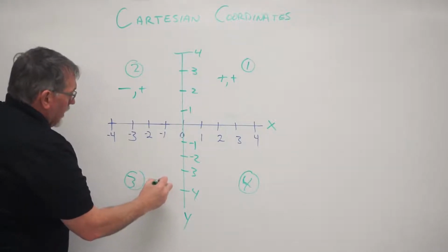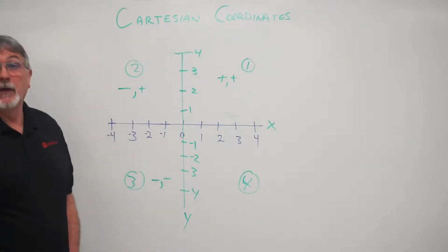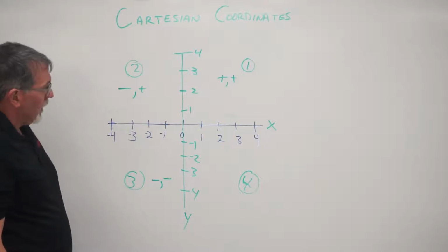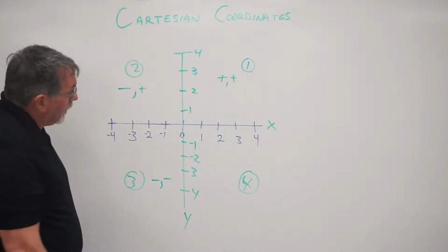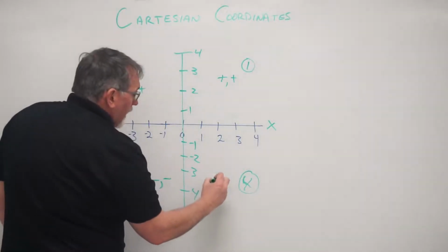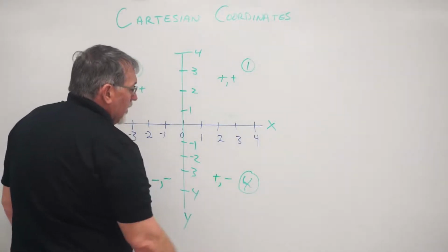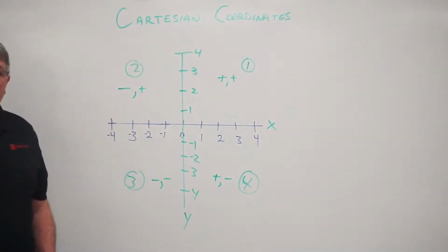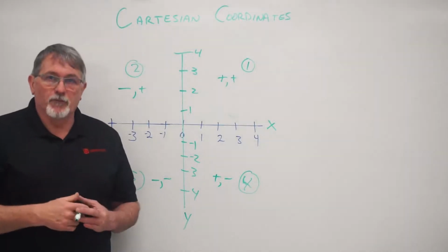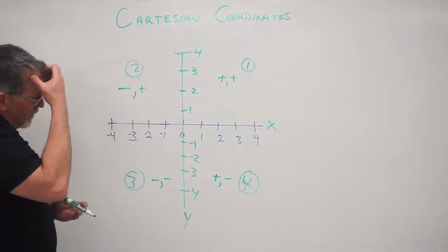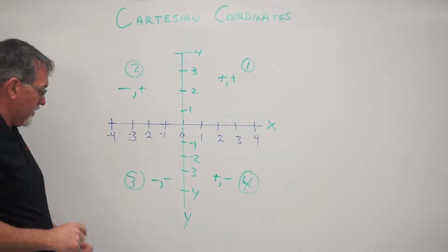Quadrant 3 will be a negative X and a negative Y positioning. And in quadrant 4, this will be a positive X and a negative Y. You notice I'm going alphabetically. I'm always listing the X before the Y. So these are our 4 quadrants in machining.